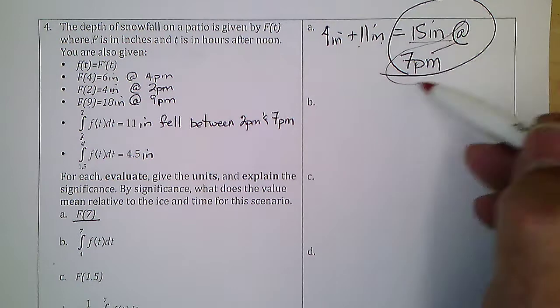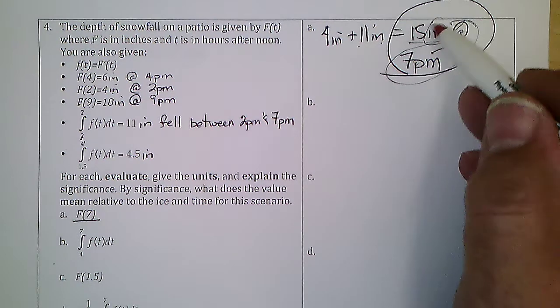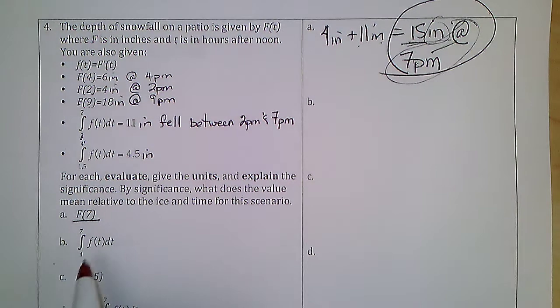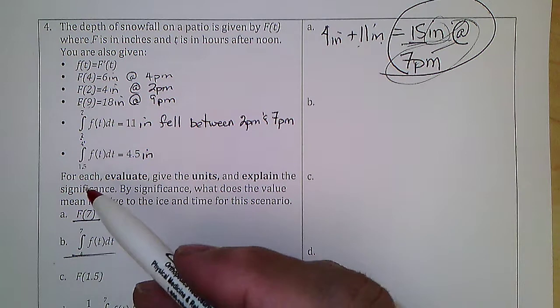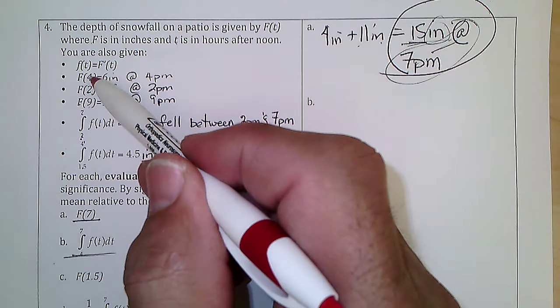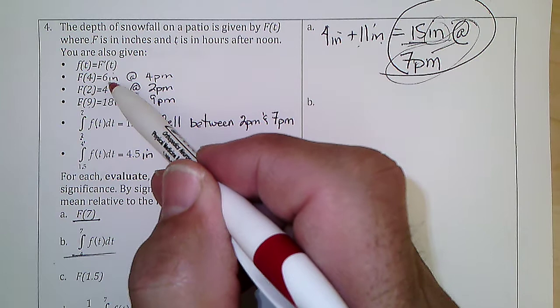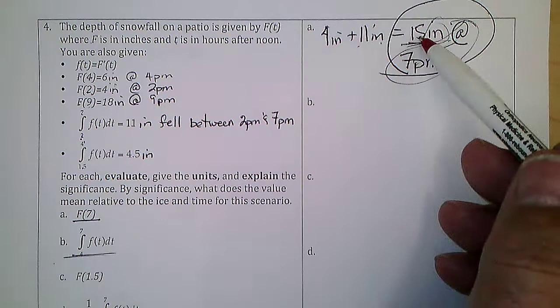So I've got what it was and what it's doing: the explanation of what it is, the units, and how much. The next one is a change. So I want to find out how much more snow fell between 4 and 7. Well, at 4, there was 6 inches. At 7, there's 15.